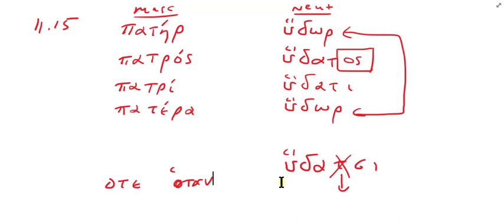Okay? And since adjectives have to be able to inflect for all the genders, you won't see one article telling you only one gender, right? You'll have just different forms of the genders. So what do we call this when it has three gender endings? It's a three-termination adjective, right? Three-termination adjective.